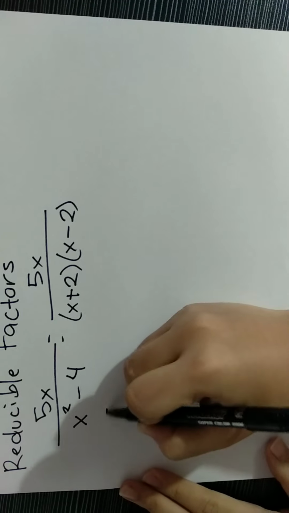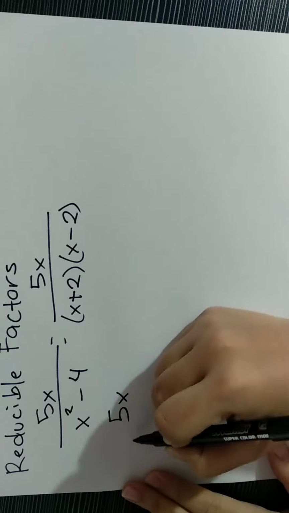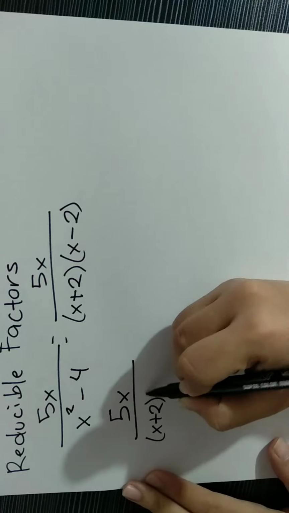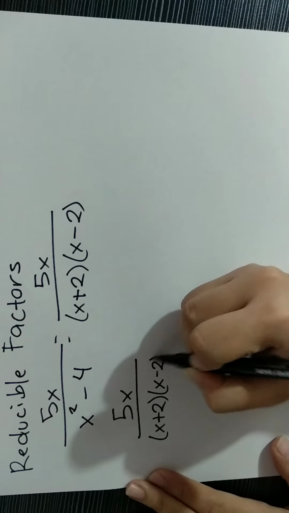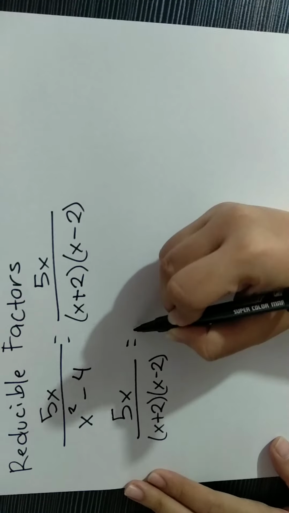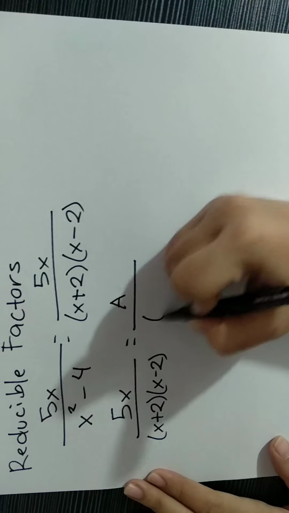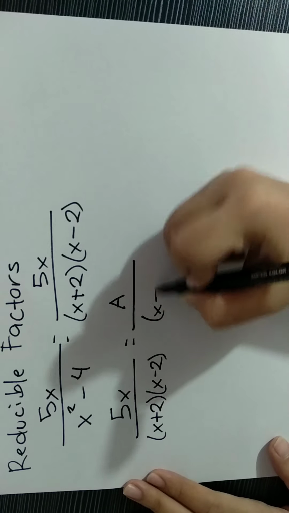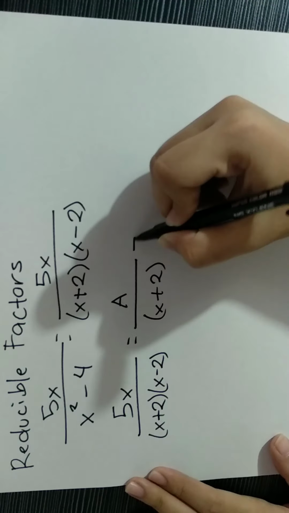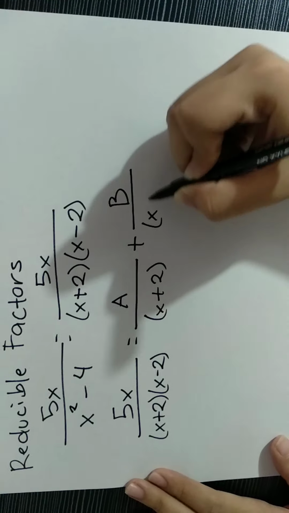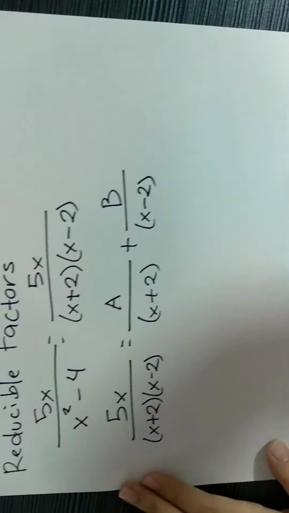Now, 5x over x plus 2 times x minus 2 is equal to, let's use a constant, a, over x plus 2 plus b over x minus 2.